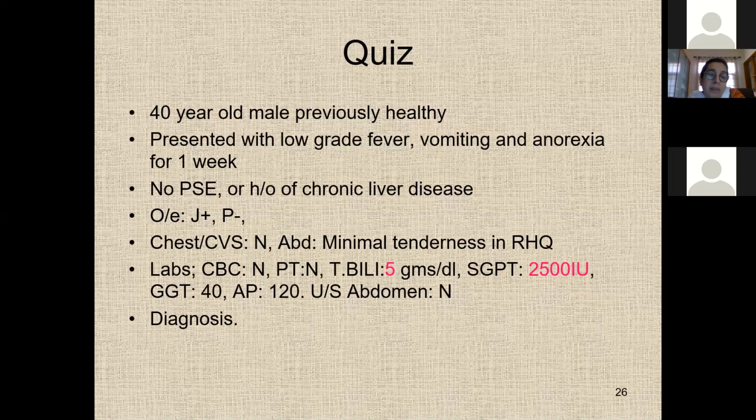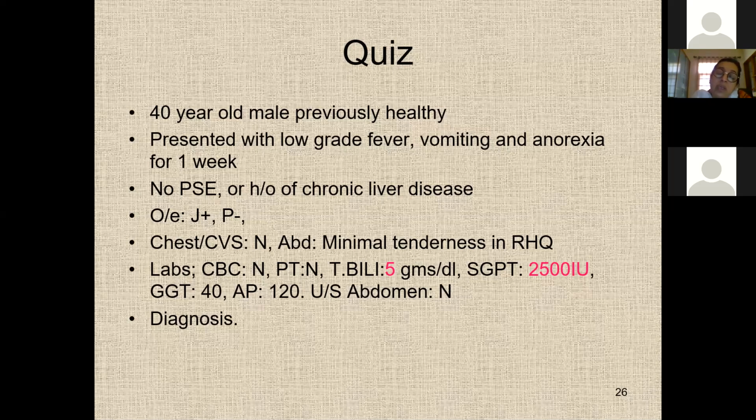The lab abnormality showed that the SGPT is way too high. It is 2,500 international units with increase in total bilirubin, whereas the PT and CBC are normal. The gamma GT is also almost normal, slightly increased. Alkaline phosphatase is normal, and ultrasound abdomen is also normal.